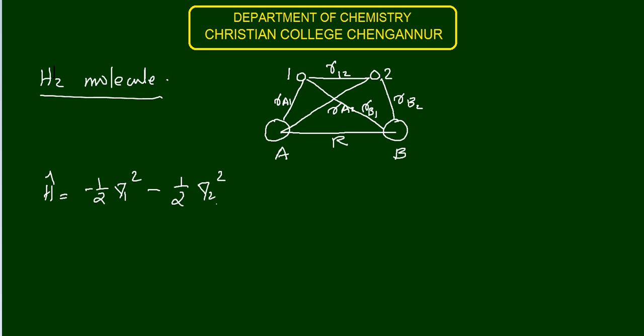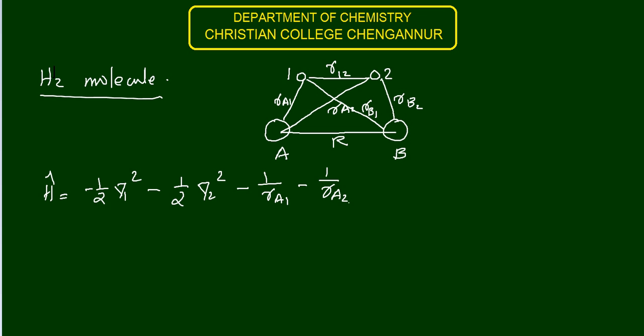And then comes the attractive potential energy terms. So the first one is minus 1 divided by RA1, that is the attraction between the nucleus A and electron 1. Okay, so attractive potential energy operator is minus 1 divided by RA1, and then minus 1 divided by RA2.